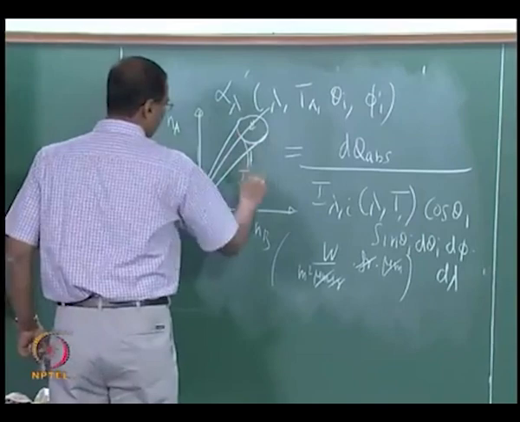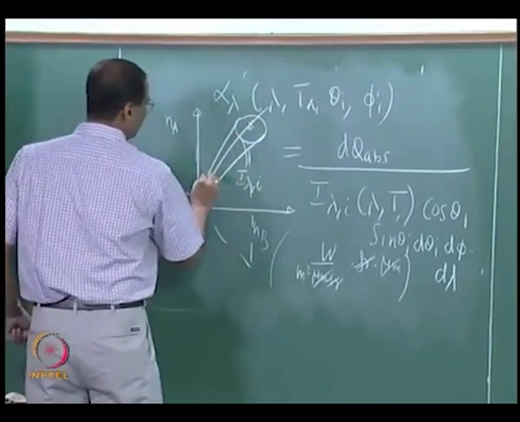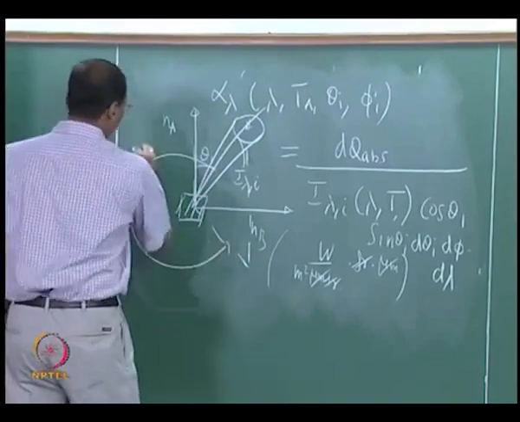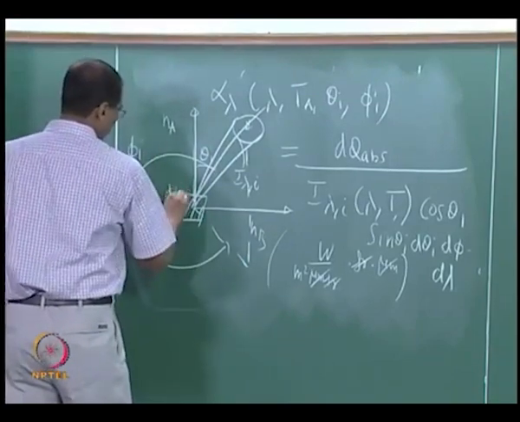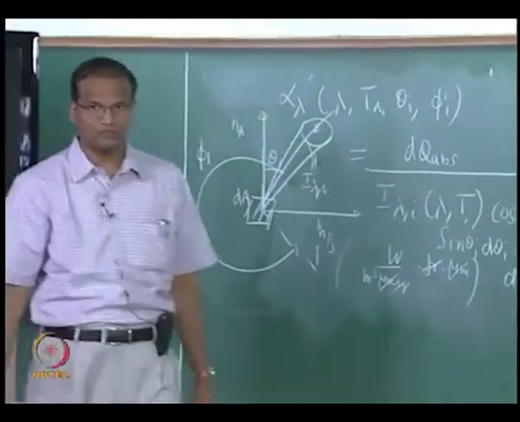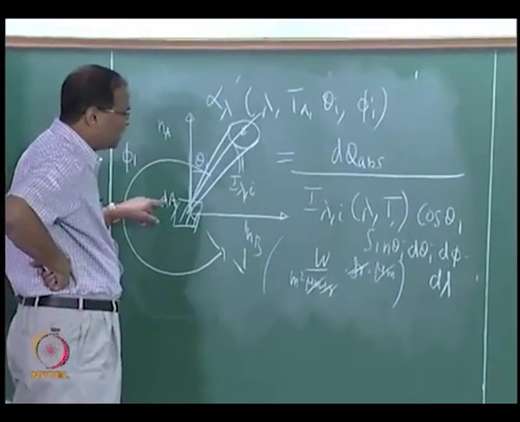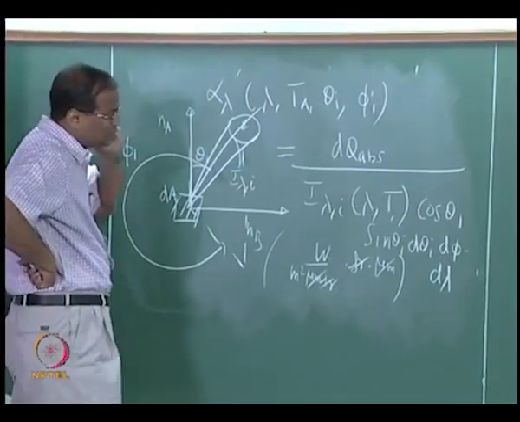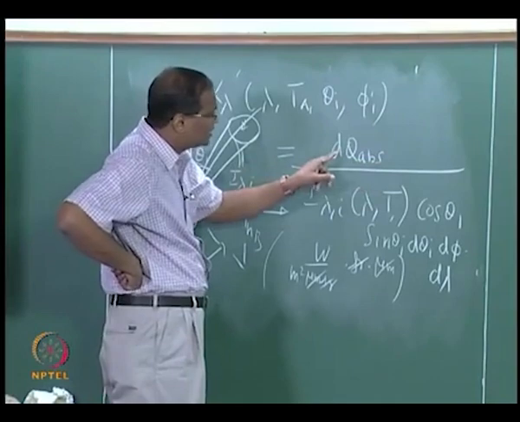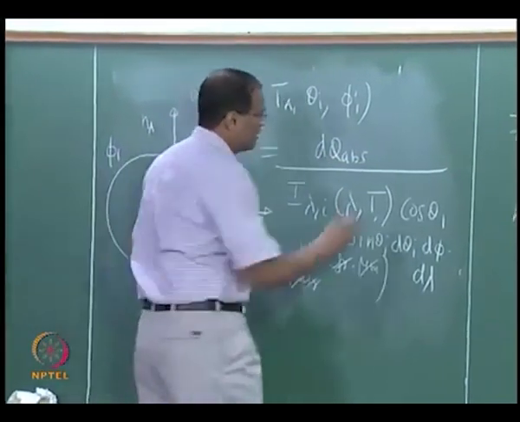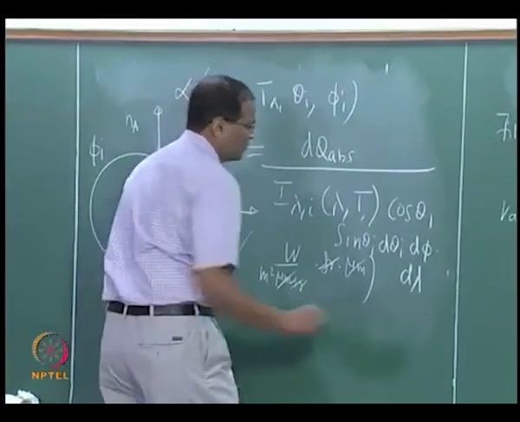Okay, so this is theta I. Please look at the board. If some people have a doubt whether dA will come, this can be made as dq absorbed, or shall we put dA here?